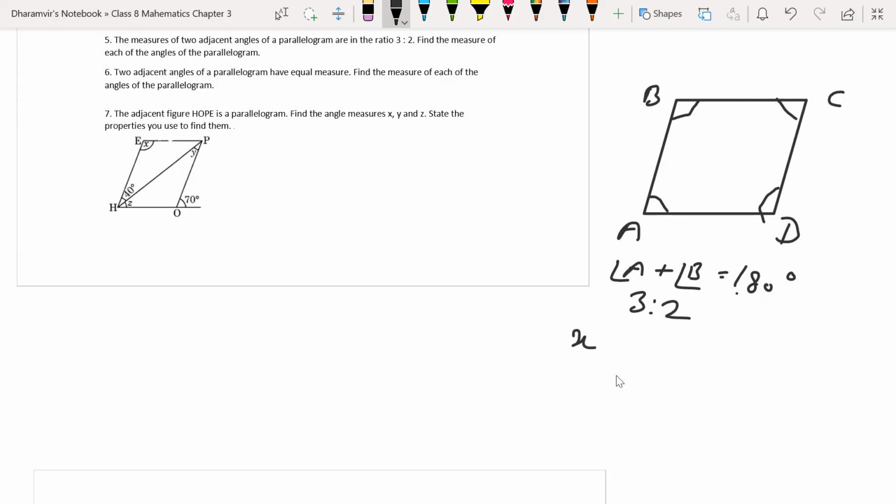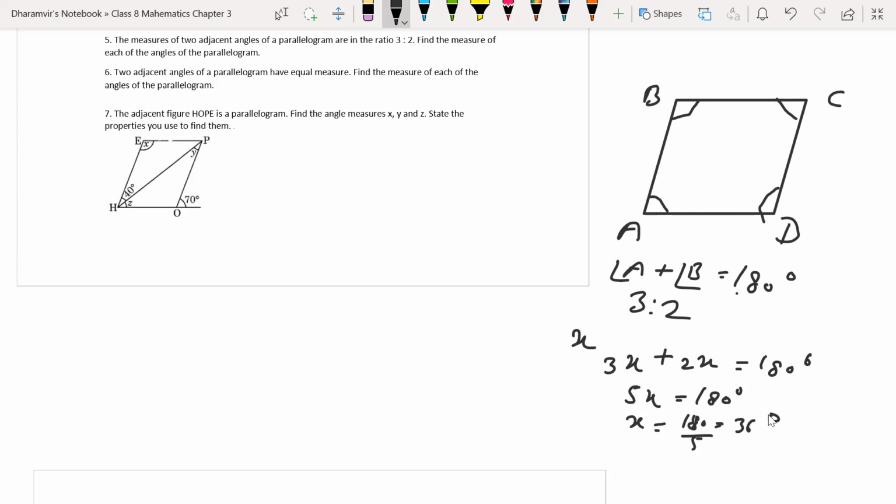Then angle A would be 3x, angle B would be 2x, and the sum is equal to 180 degrees. 5x is equal to 180 degrees. x is equal to 180 divided by 5, and it comes out to be 36 degrees.